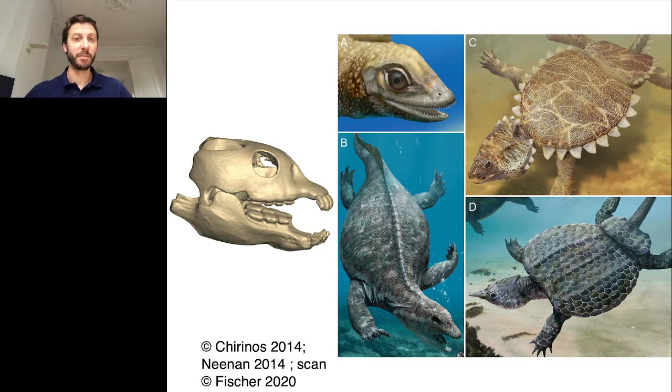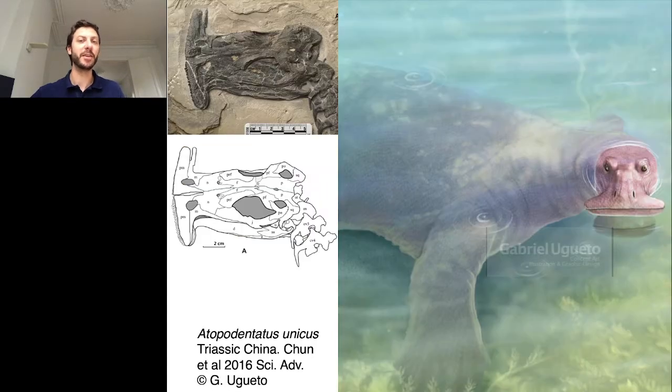So this one is actually a placodont. You can see a series of placodonts on the slide here, and you find in the middle Triassic rocks a wide series of very strange aquatic reptiles in all forms and shapes.